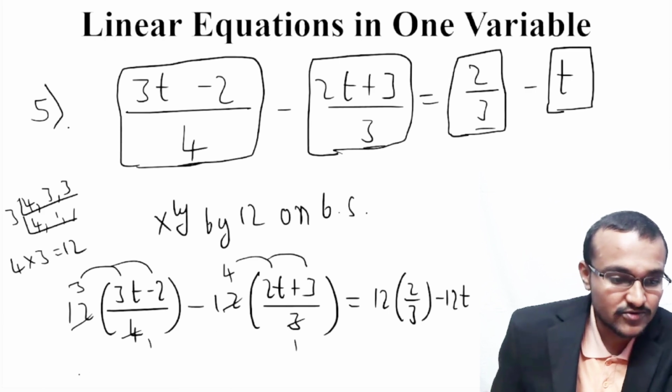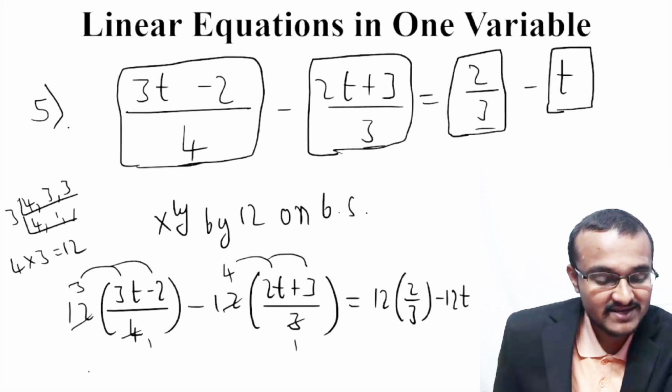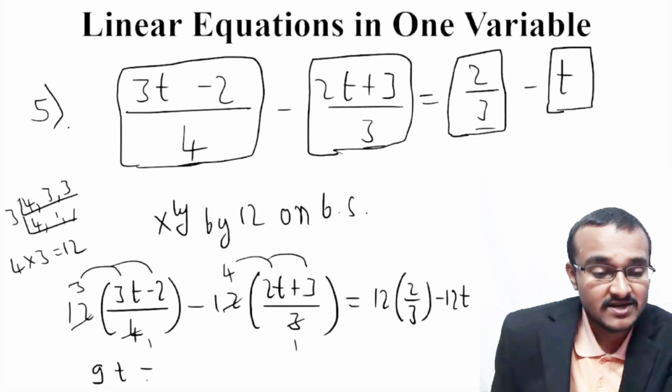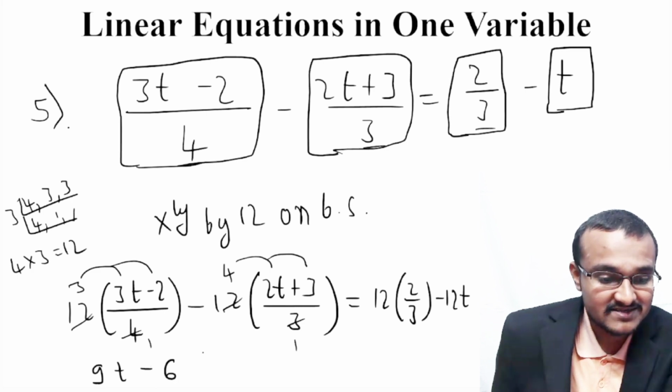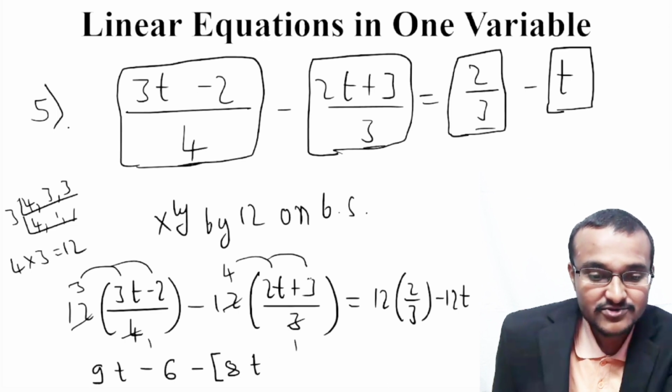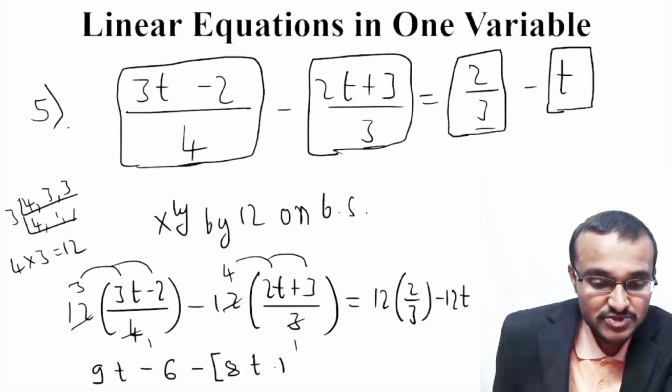So when you do that operation, you will get 3 into 3, like 3 3s are 9t. So 9t minus 3 into 2 is 6, so minus 6. Here minus is there, so you put the minus symbol as it is, and inside the bracket you can write 4 into 2 will be 8t plus 4 into 3 will be 12. So plus 12, close the bracket.